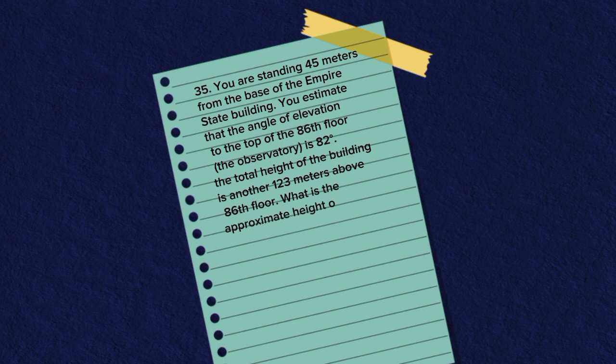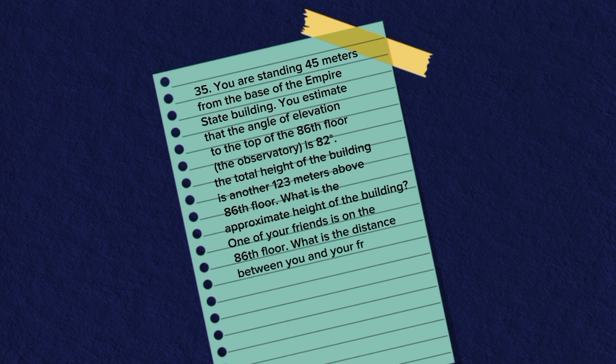What is the approximate height of the building? One of your friends is on the 86th floor. What is the distance between you and your friend? Letter A, 443.2 meters. Letter B, 403.22 meters. Letter C, 363.23 meters. Or letter D, 323.24 meters.